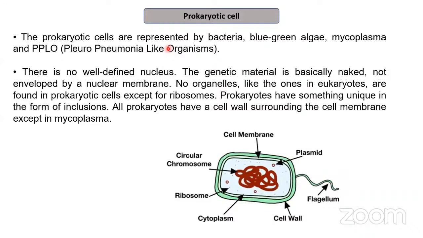Ma'am, what is the difference between PPLO and mycoplasma? Basically PPLO is like mycoplasma, you can say it is a PPLO-like organism. PPLO is a different organism as compared to mycoplasma, but mycoplasma are basically free living organisms, and these organisms lack cell walls.